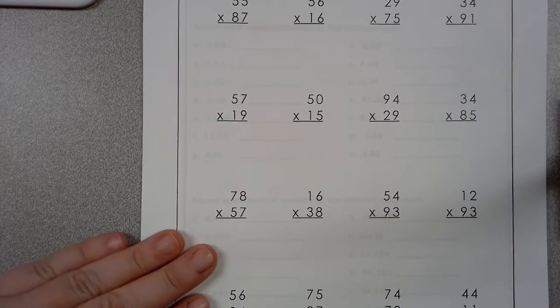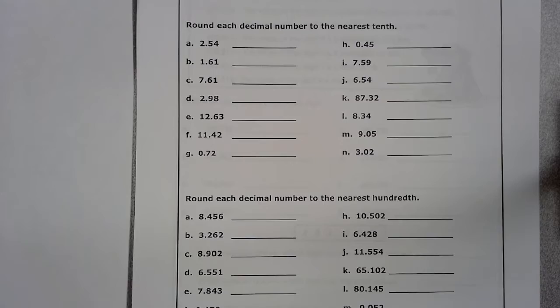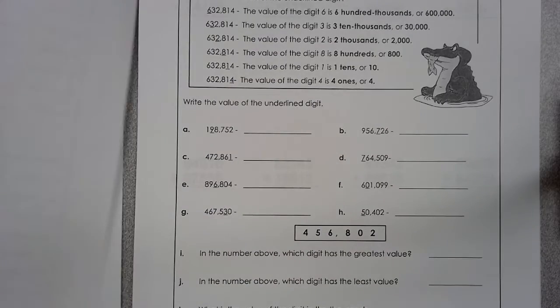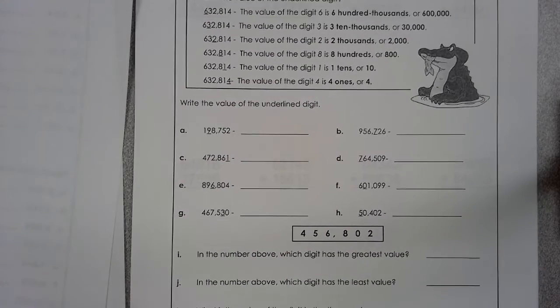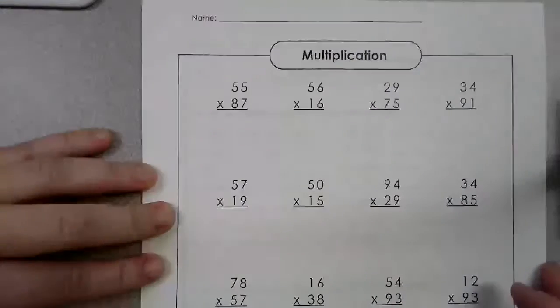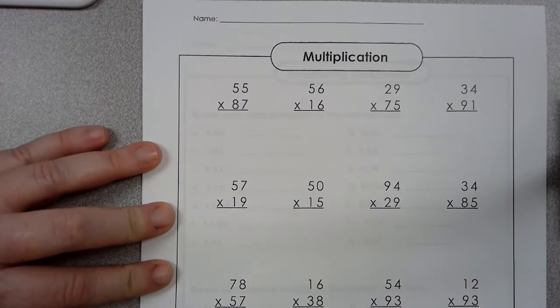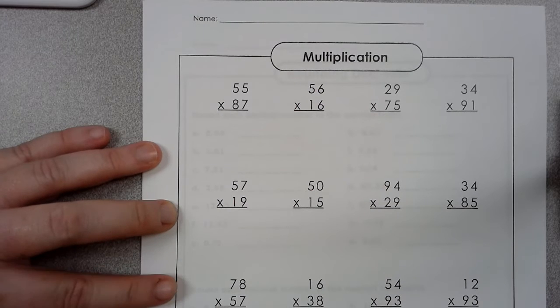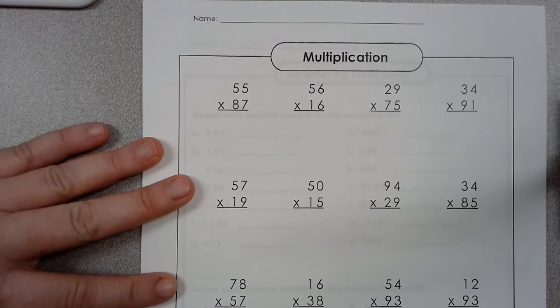You're going to be doing 2 by 2 multiplication, rounding decimals, digit values, adding and subtracting numbers. Okay? Now, the very important part of multiplication, not only is knowing your facts, but it's keeping everything lined up.